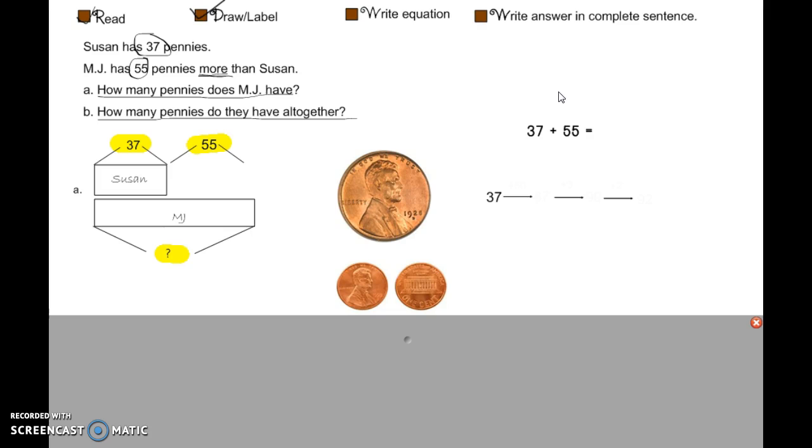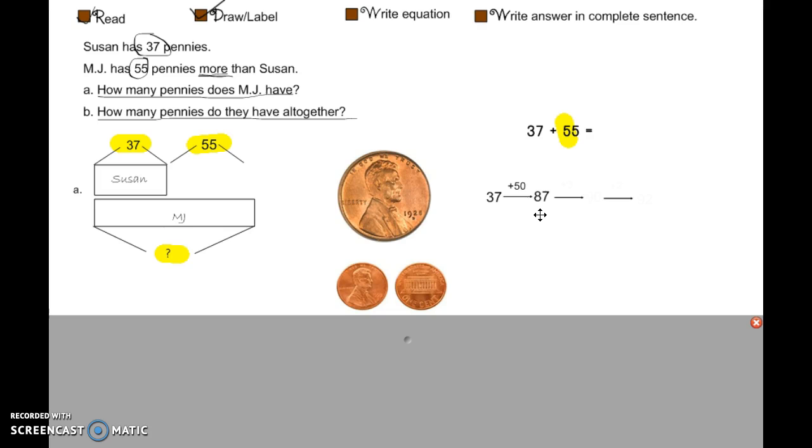And if I look at the number 55, I know that I have 5 tens. And 5 tens is the same as 50. So I'm going to say 37 plus 50. And I can simply count up from 37 5 times, but 37 plus 50 gives me 87.